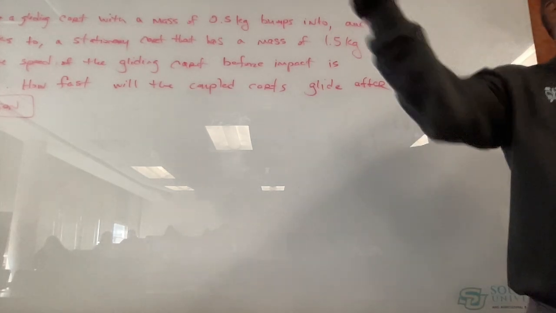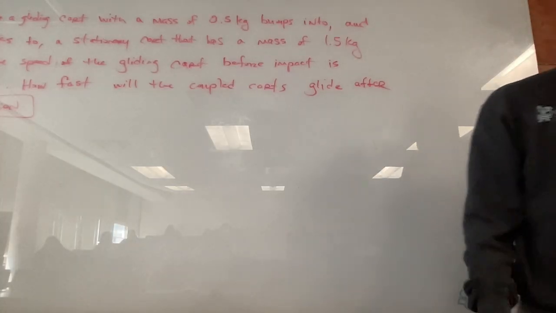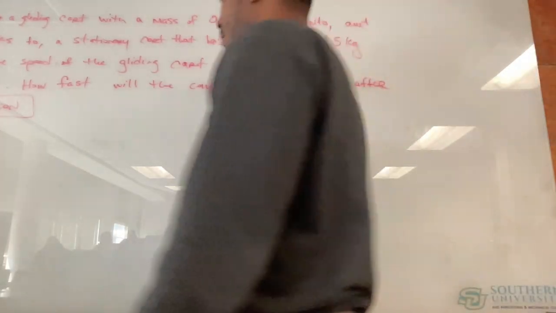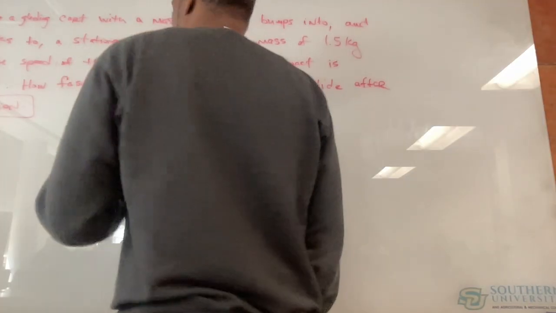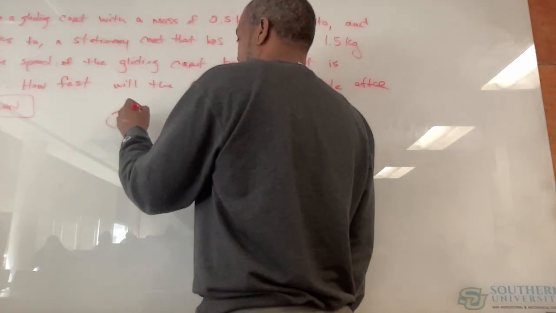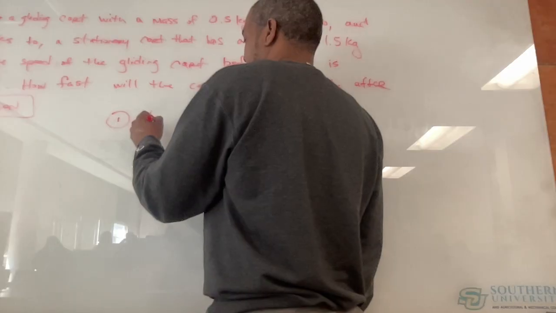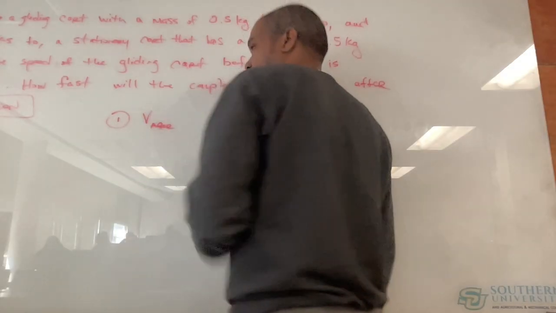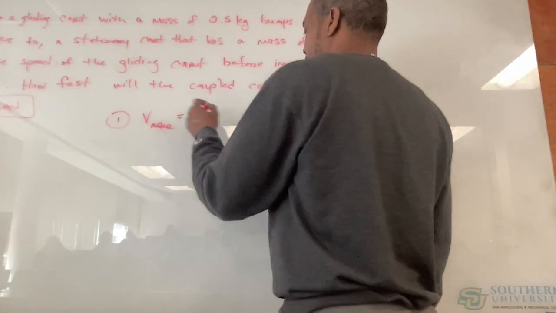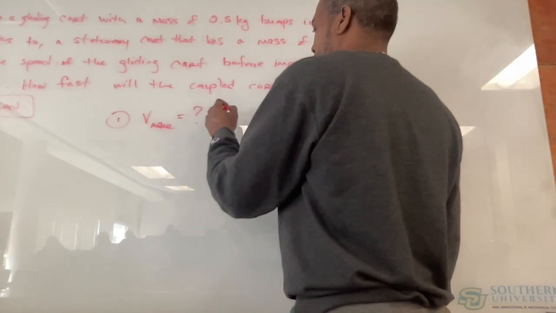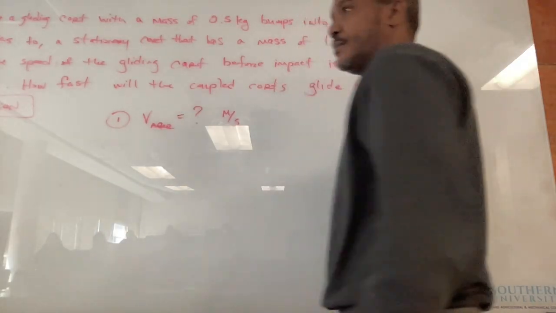Of the two carts connected. Okay? So we're looking for speed, or V. We're going to call it V after collision, and we want it in meters per second.